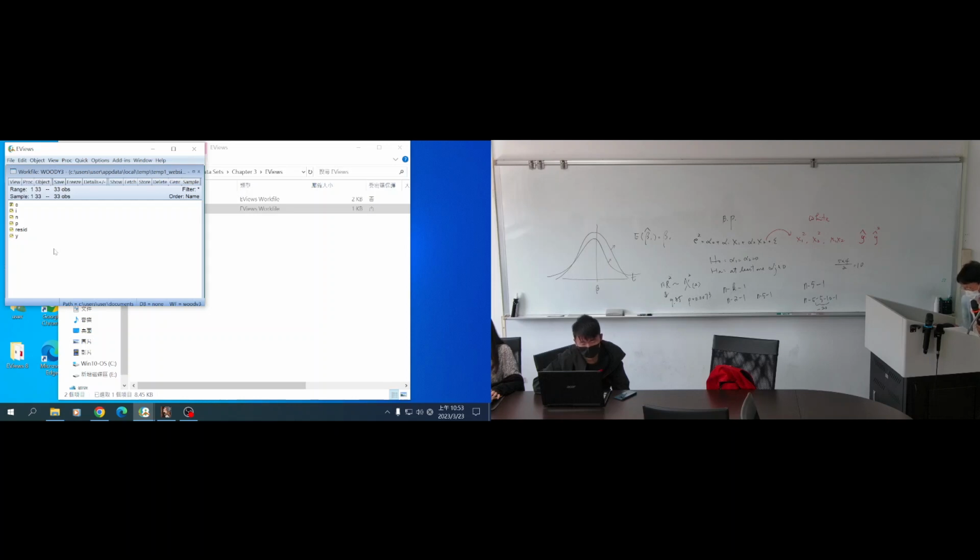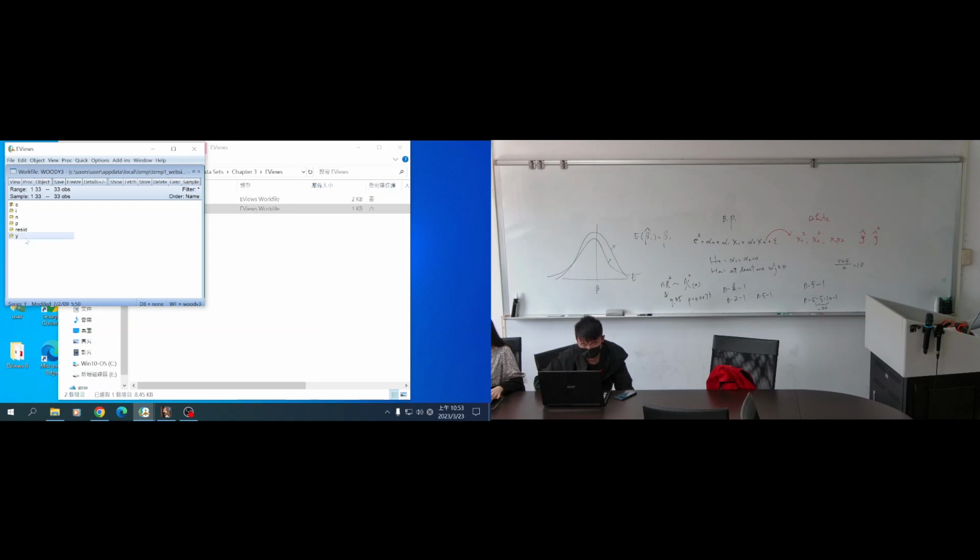N is competition, the number of direct market competitors within a 2-mile radius of the Woody's location. P is the population, the number of people living within a 3-mile radius of the Woody's location. I is the income, the average household income of the population measured in variable P. All right? So let's see.